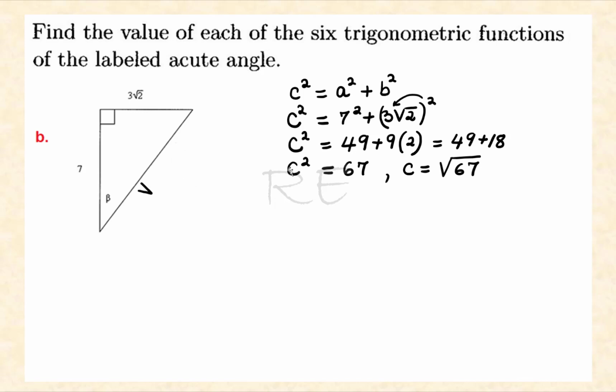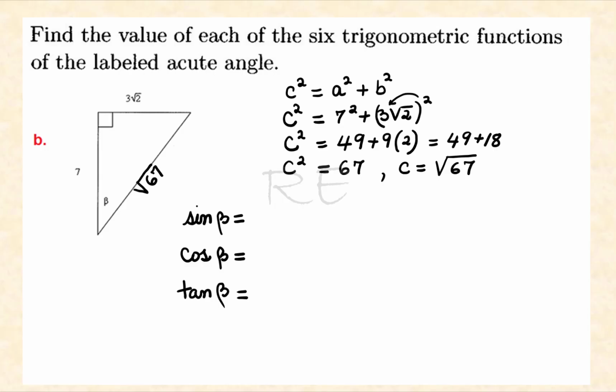Now that we have the missing side, positive square root of 67, which is also the hypotenuse, we're just going to find the 6 ratios. Sine is opposite over hypotenuse. The side opposite to beta is 3 square root of 2, over the hypotenuse, which is square root of 67.